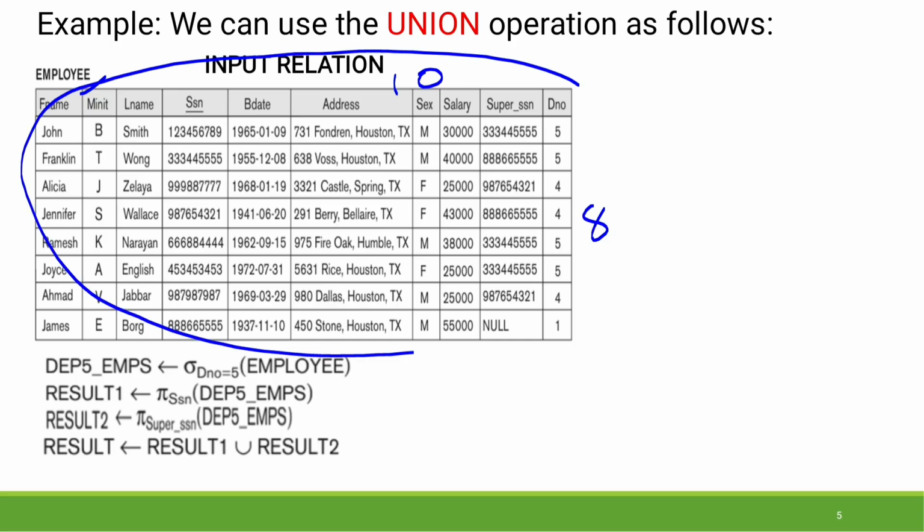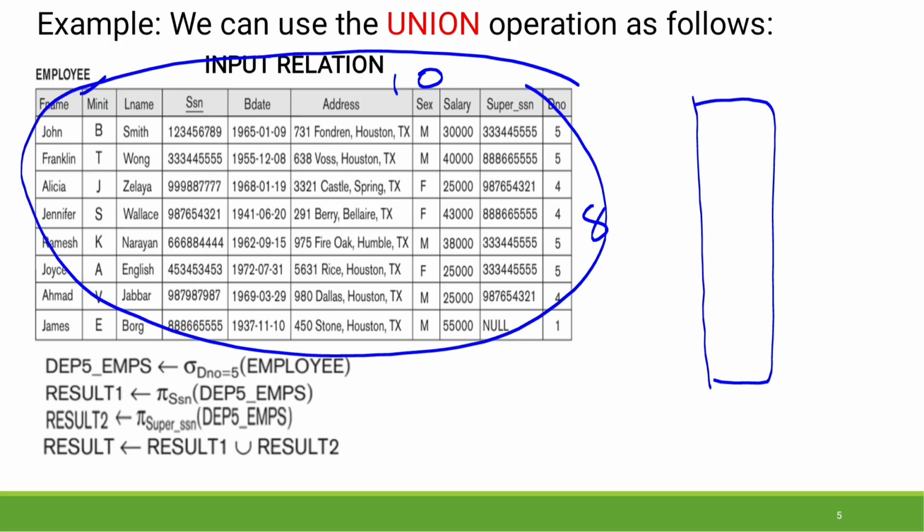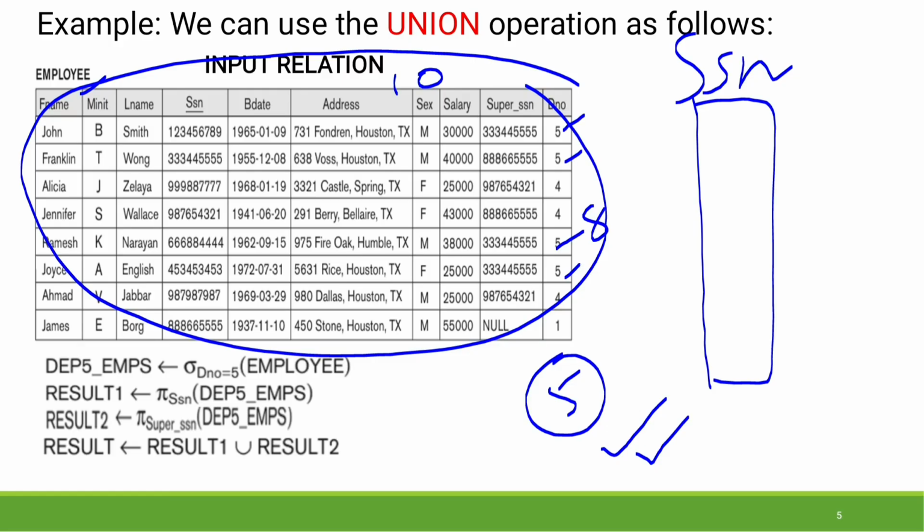In such a big information, only SSNs of the employees who belong to department number 5, who are working either as employees or supervisors, are collected. So that is the aim of using union operation here. How that is done we shall see next.